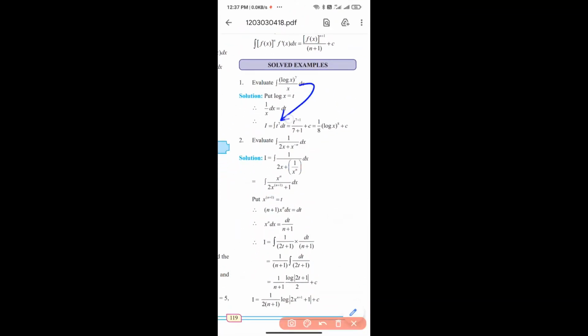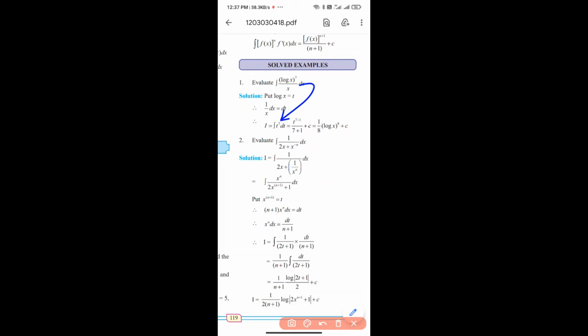The original function has become integration of t raised to 7 dt. So if we integrate that with respect to t, we are going to get t raised to 7 plus 1 divided by 7 plus 1, with the first formula of ours, plus c.